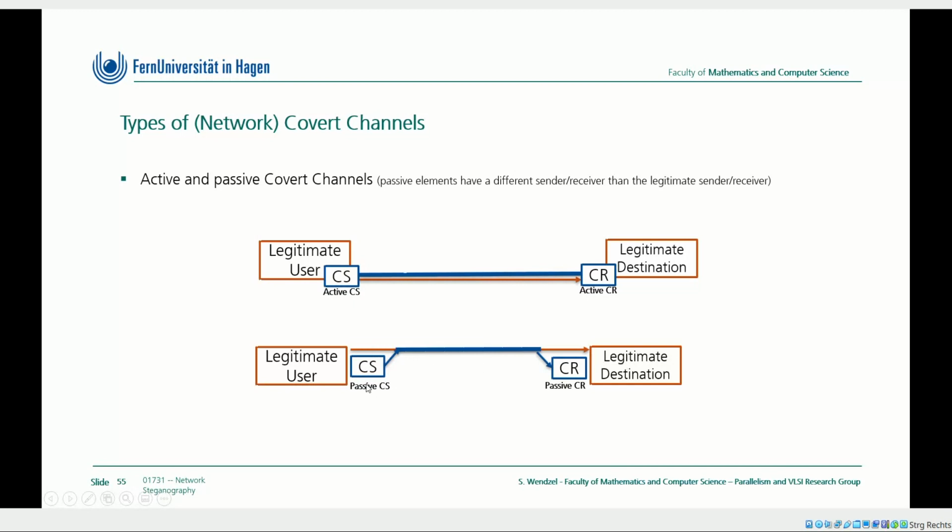For instance, the covert sender could be a gateway on the path between a legitimate sender and a legitimate destination. And the covert receiver, if it's a passive one, would also extract the information on its way to the legitimate destination, and that would then be a passive receiver.